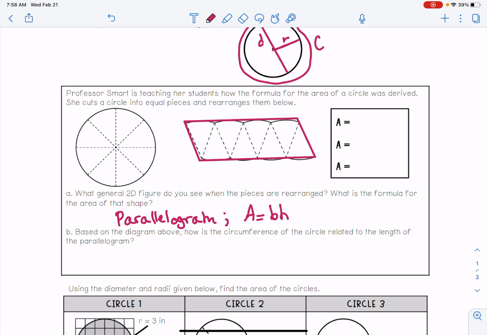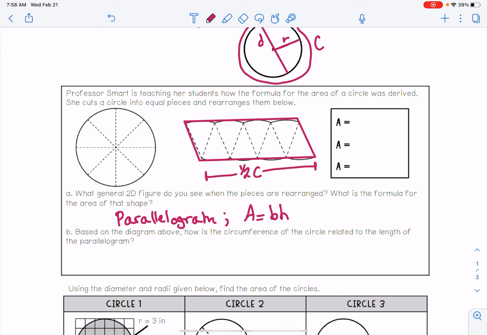So when I look at my parallelogram, my base is going to be this distance here, and my height is going to be this distance here, which is the radius of the circle, from the center of the circle to the edge. Now, when I look at this in comparison to the circle, this distance here is 1/2 of the circumference.